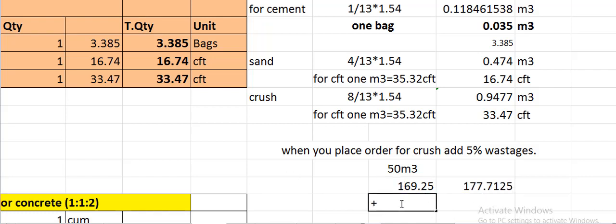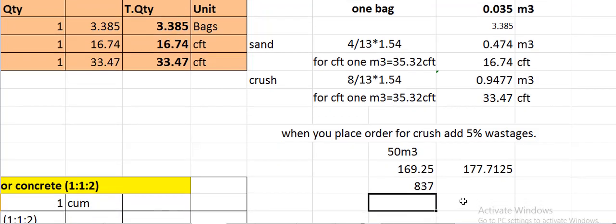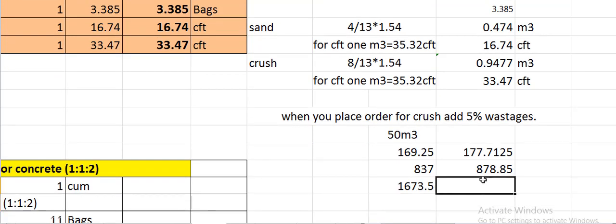Similarly for the sand, 16.74, we get this value 837 CFT, then we add the wastage 1.05. Similarly for the crush, 33.47, and we get, you can see, this.